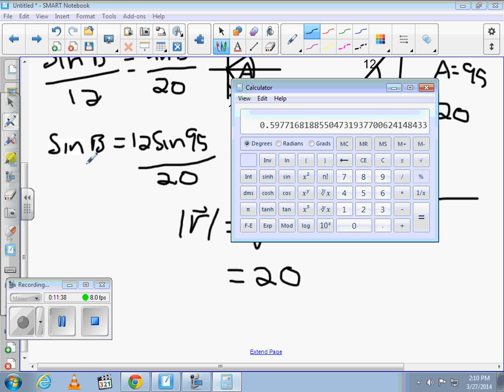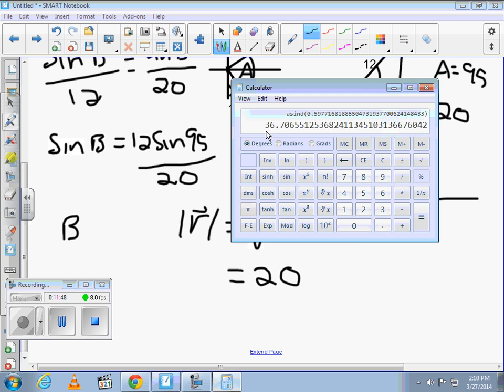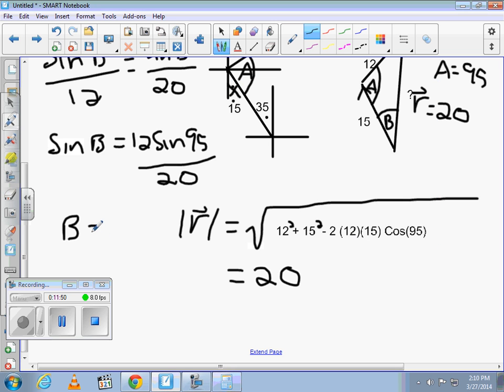That's the sine of B. So we're now going to inverse sine. And we find that angle B is 36.7. Okay, now watch closely. This is 35, but this angle here is 36.7.